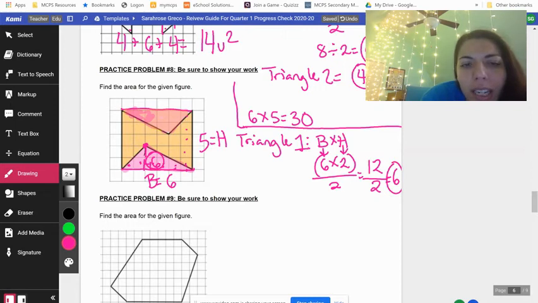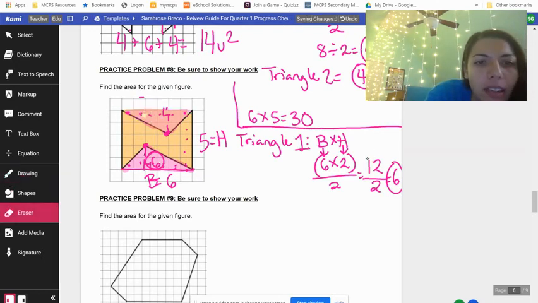I guarantee it's the same up top. Let's see. Is my base 6? 1, 2, 3, 4, 5, 6. Yep, 6 was my base. And is 2 my height? I go from the corner. 1, 2. Yes. So it's going to be the same. So if the area for each triangle, actually, let's erase it a little bit.